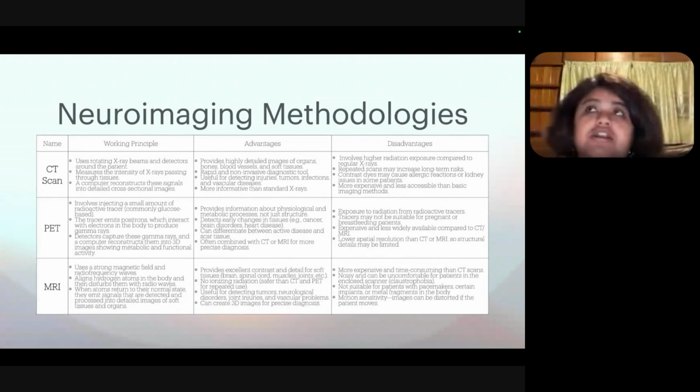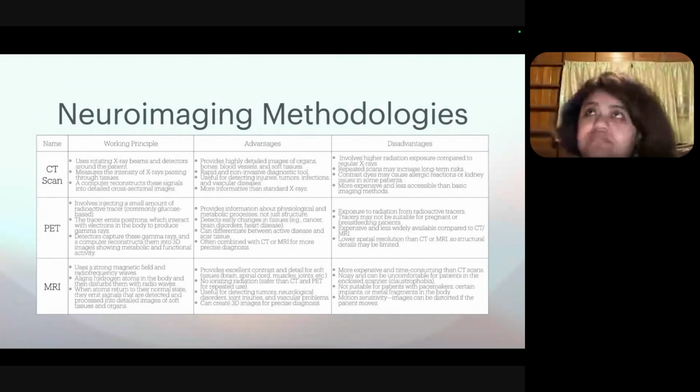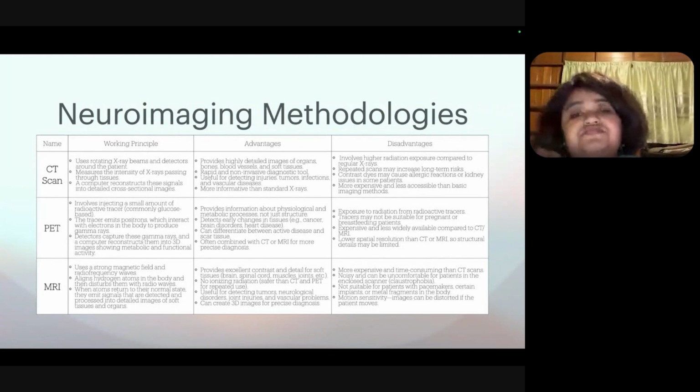What is important in this case, we measure the intensity of the X-rays that pass through the tissues, and this intensity actually captures and reconstructs the detailed cross-sectional images of the brain. So we can see it on the computer, like when we break a bone or have some kind of injury, we go to the doctor and they give us an X-ray. So it works the same way, and it obviously has advantages.